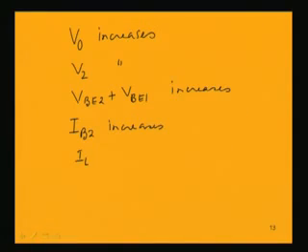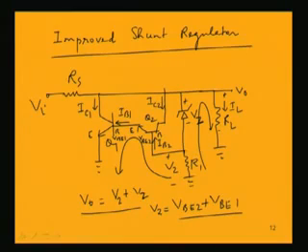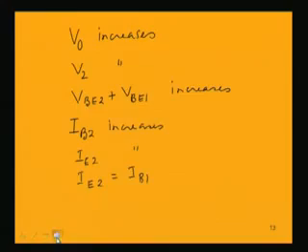But IE2 is nothing but the base current in the first transistor, because if you look into the circuit, this emitter current in the second transistor is nothing but the base current in the first transistor. So the base current in the first transistor also increases, and the base current in the first transistor increasing means the collector current in the first transistor also increases. So IB1 and IC1 increase.